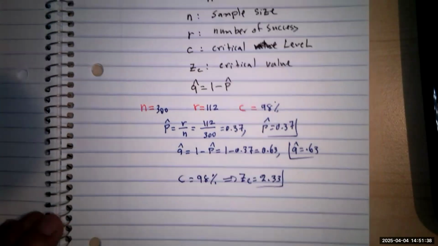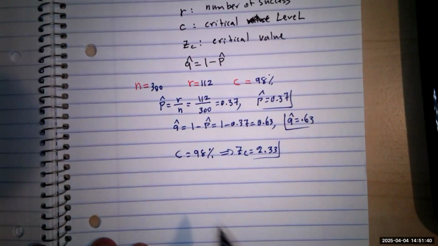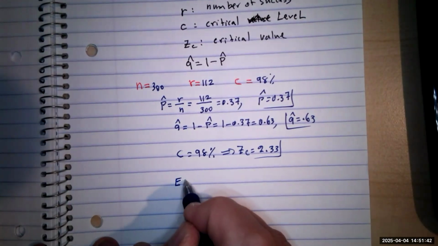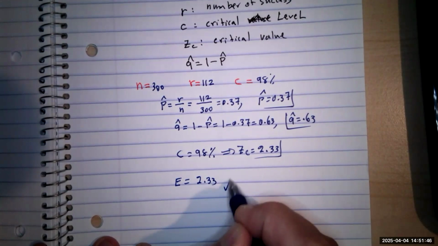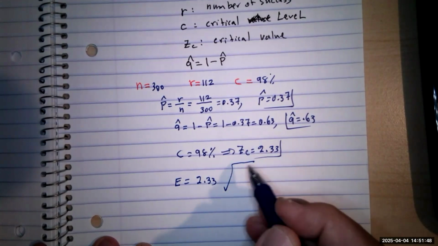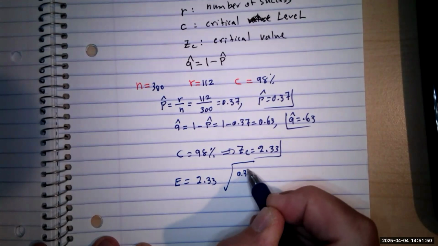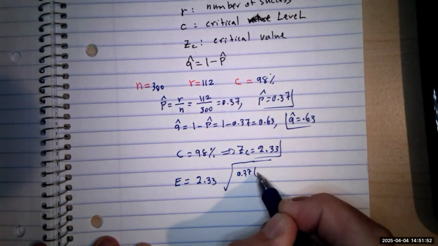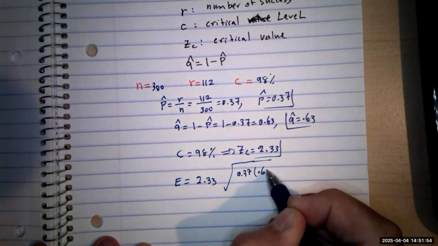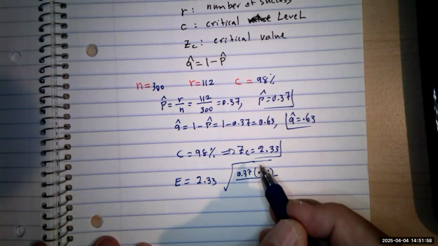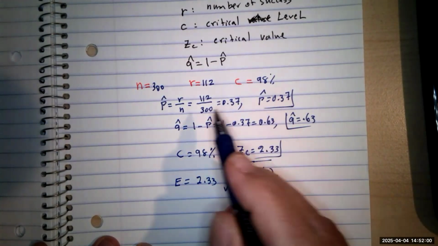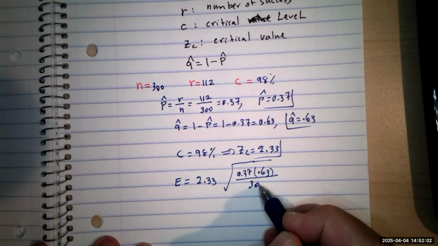There you are. You substitute to get the marginal error. So the error is going to be Zc, 2.33, times the square root of p hat q hat over n, that is 0.37 times 0.63 divided by n. N is the sample size, 300.